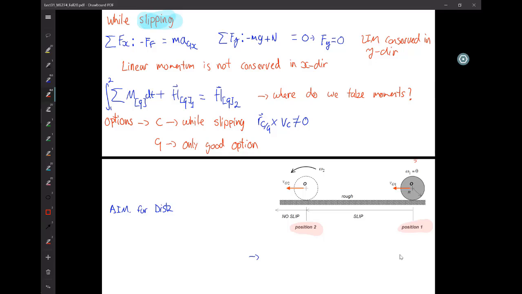and what we're going to see is the following. If we take moments about point G, we get friction times R. Friction is to the right, so it gives a positive moment, equals Ig omega dot.